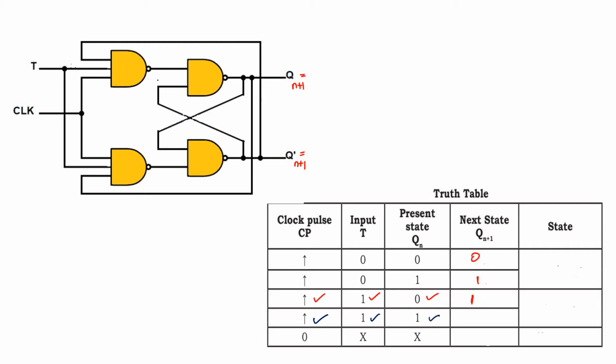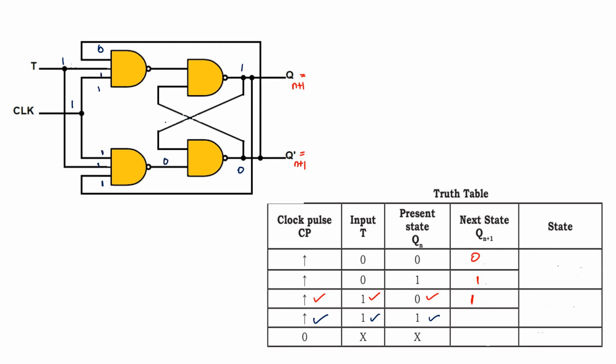In case number 4, T is equal to 1, clock equal to 1, and present state equal to 1, so 1 bar equal to 0. So the 0 is connected here, the 1 is connected here, 1, 1, all are 1.